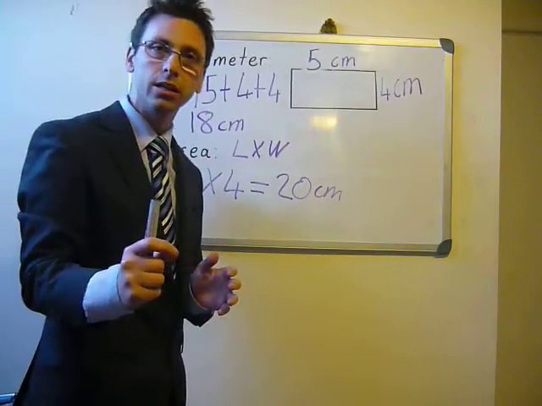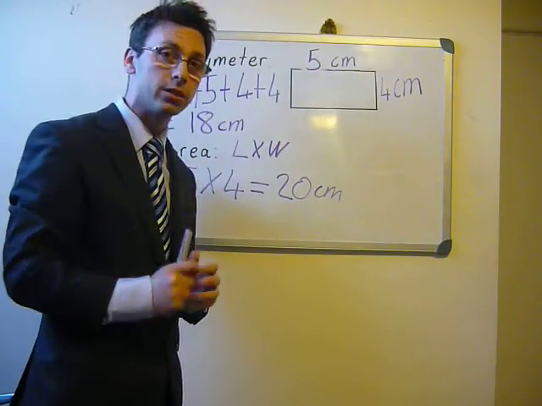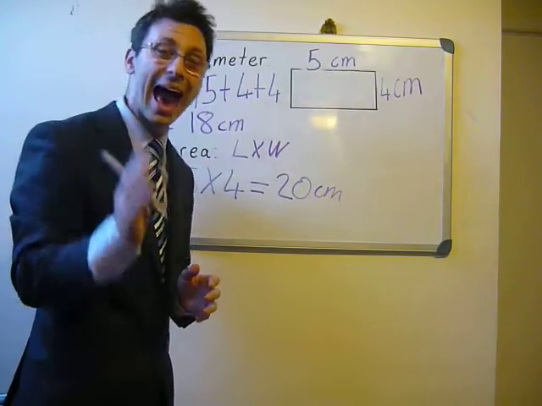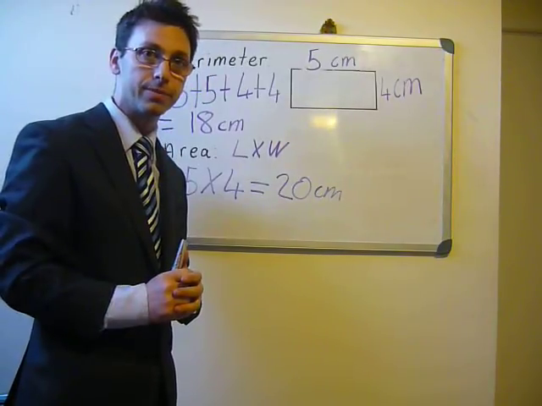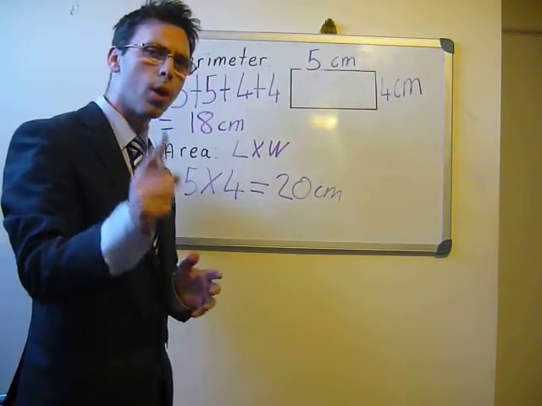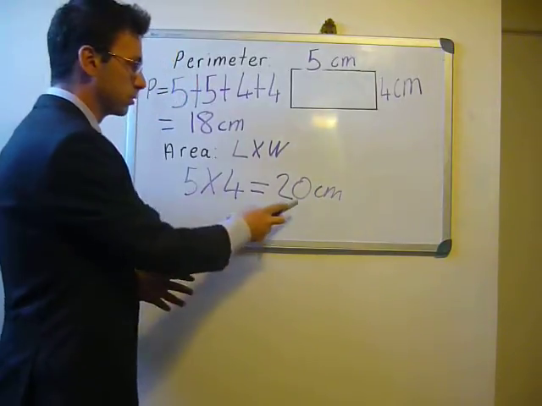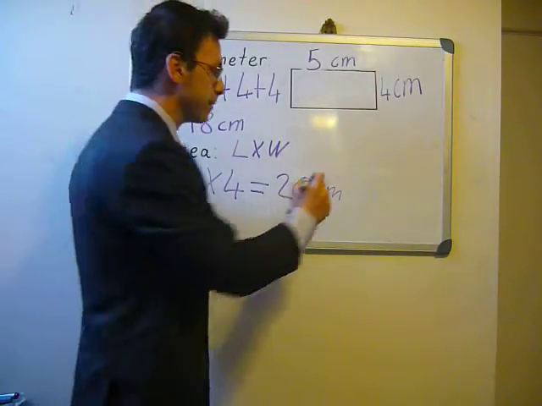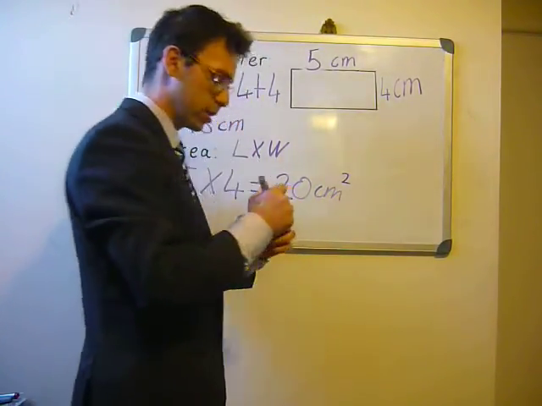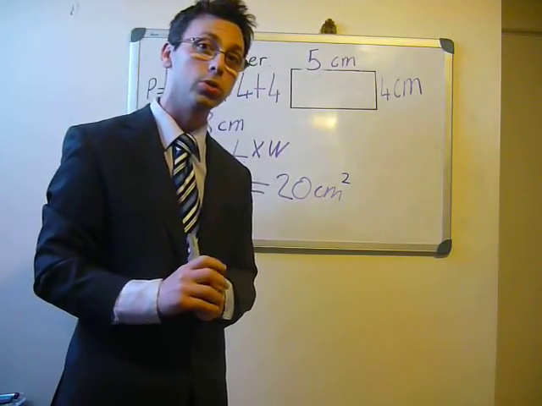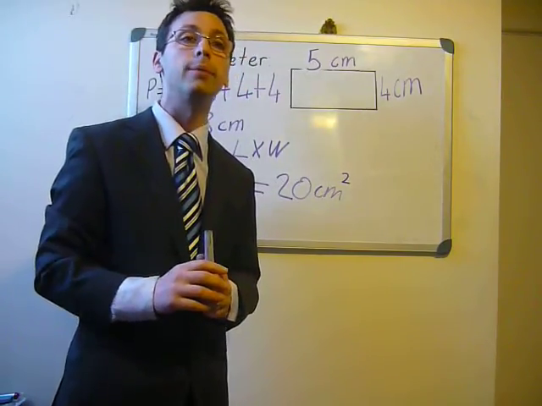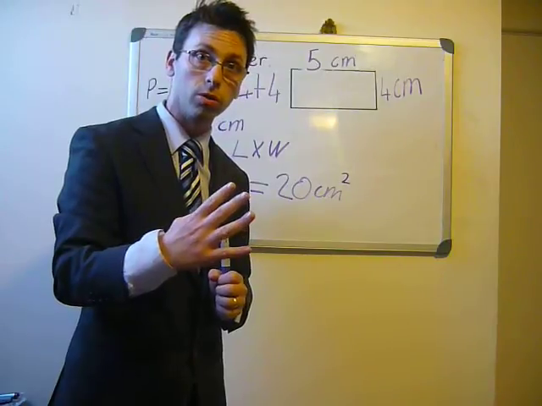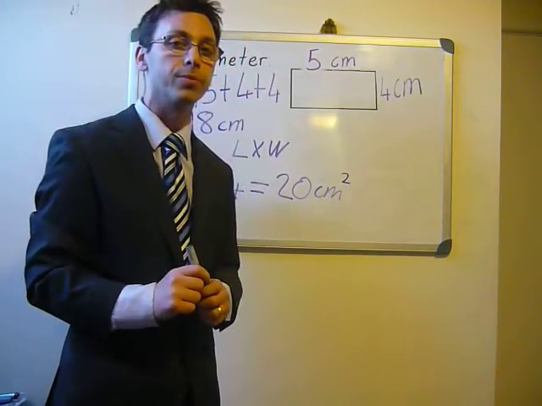So 10 times 8 equals 80 centimeters. Now, what happened to the area? It's 20 centimeters squared. Is it times it by 2? No, it's times it by 4. So you have to be very careful.